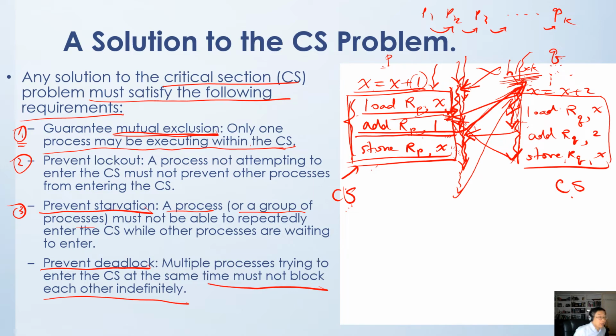Maybe process 1 tries to enter the critical section and is blocked by process 2, process 2 tries to enter and is blocked by process 3, and process 3 tries to enter and is blocked by process 1. If something like this happens, you may have a situation called deadlock. We're going to discuss deadlock in a dedicated section.